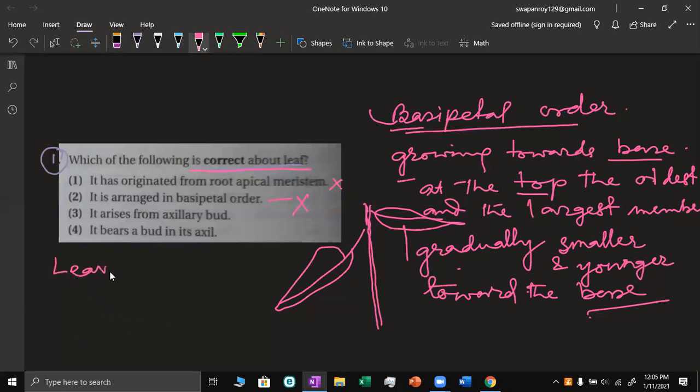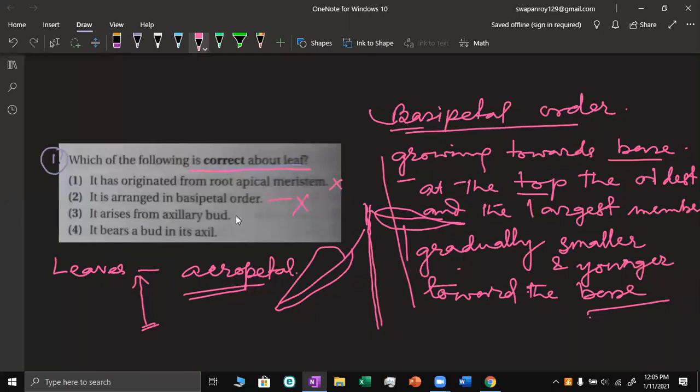The growth is in acropetal. Acropetal is the reverse of that, means it will grow from the base towards the top. From bottom to the top, this order. So this one is not correct.